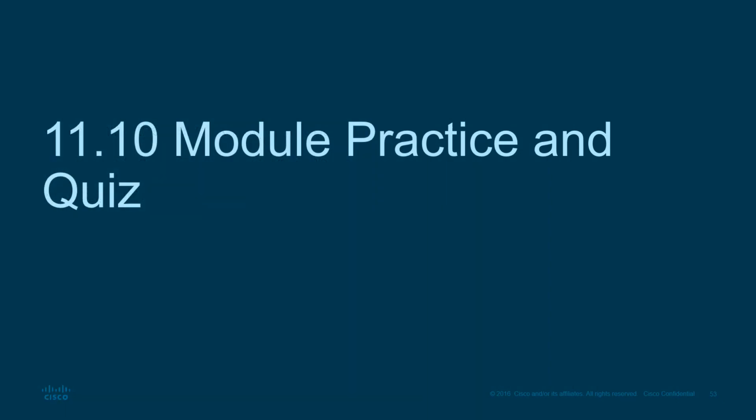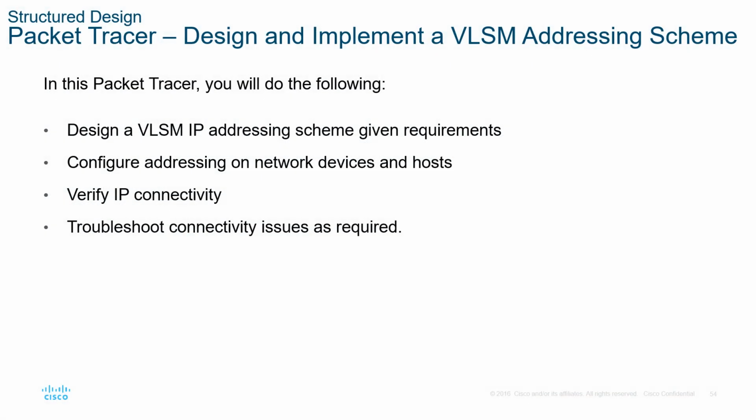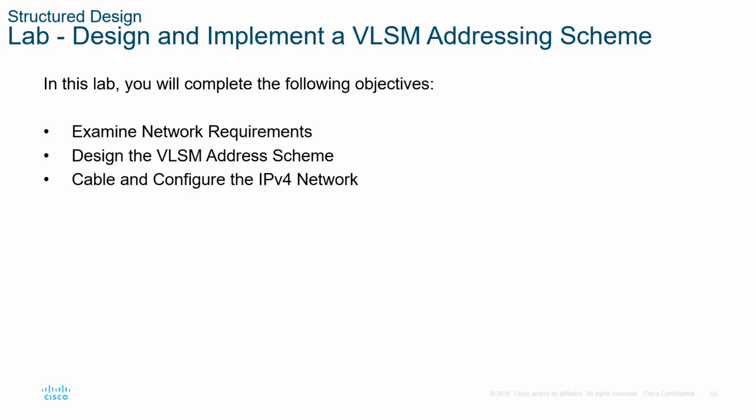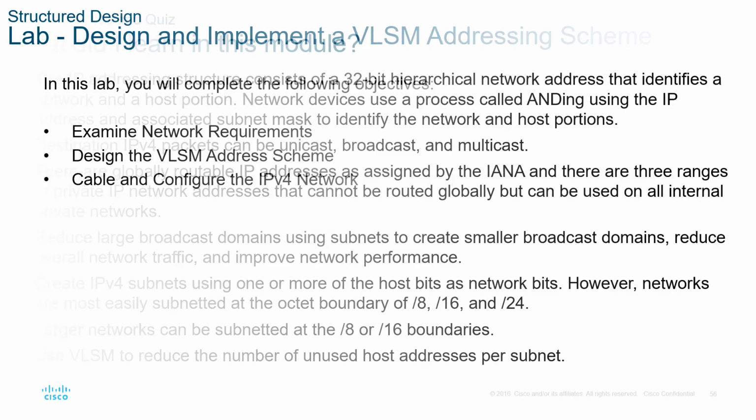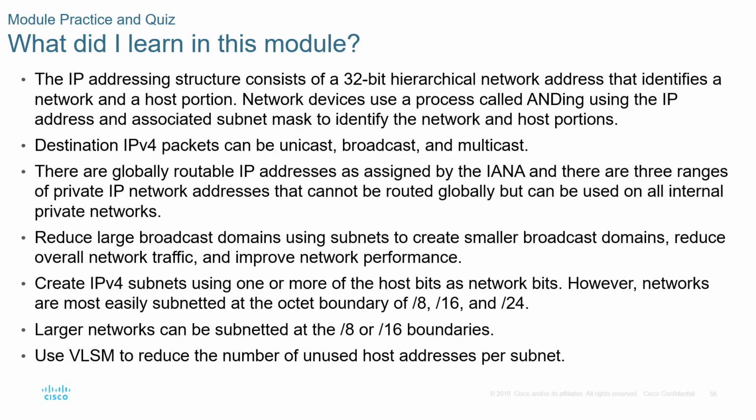That is the end of this module. We talked about VLSM. This is one of the labs you're going to be doing. You're going to be doing a lab design on VLSM schemes, again examining the requirements and then designing the lab. In this overall module, we looked at subnetting on boundaries. We talked about private addresses.